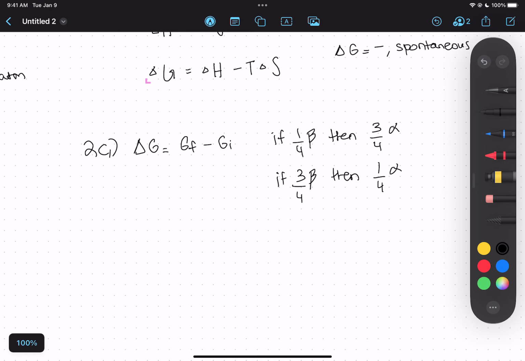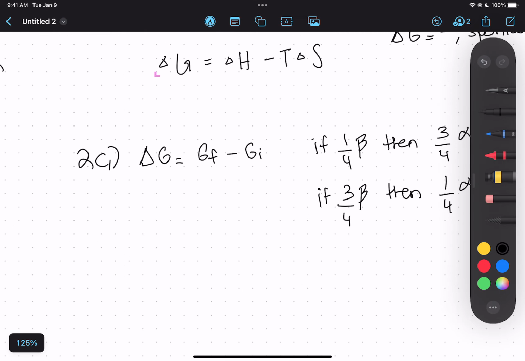Well, that's just delta G in general, right? They said delta G was GB minus GA. I'm saying just for your final state, if we wanted to look at what it's made up of, we said it was 1/4 beta and 3/4 alpha. Remember they said delta G was written as GB minus GA. I prefer to write it as GF minus GI firstly, just to get an understanding of what's going on in the final state and the initial state.